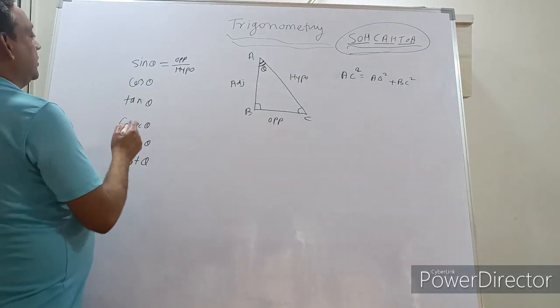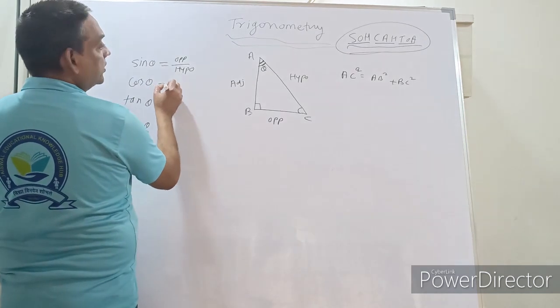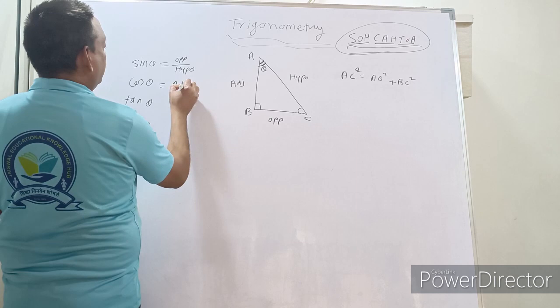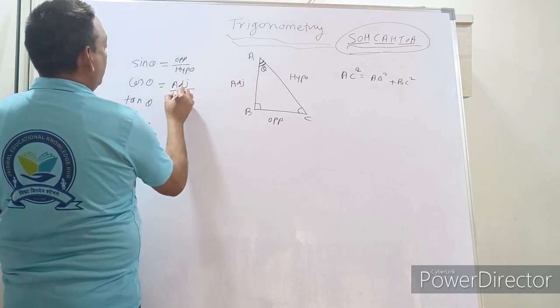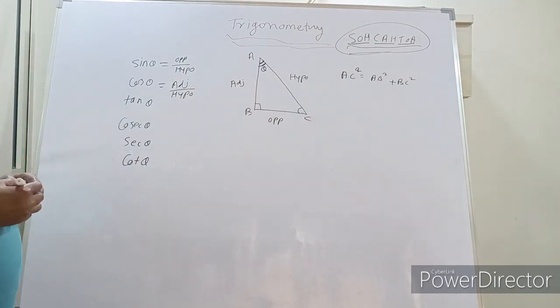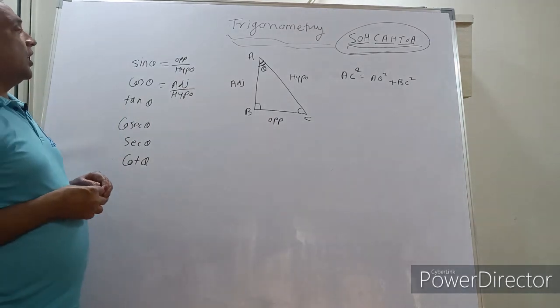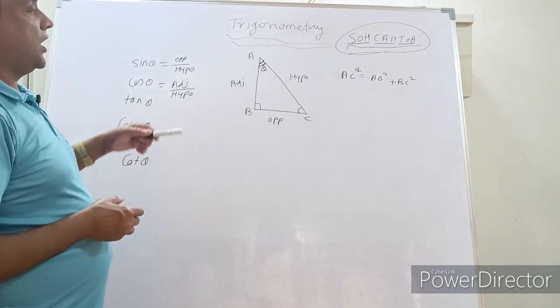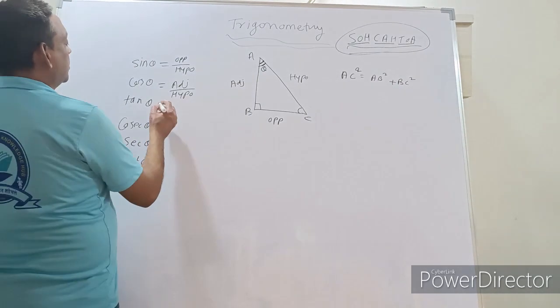CAH. Cos theta is adjacent over hypotenuse. Clear? First one is sine theta, which is opposite over hypotenuse. Cos theta is adjacent over hypotenuse. The third one is TOA.